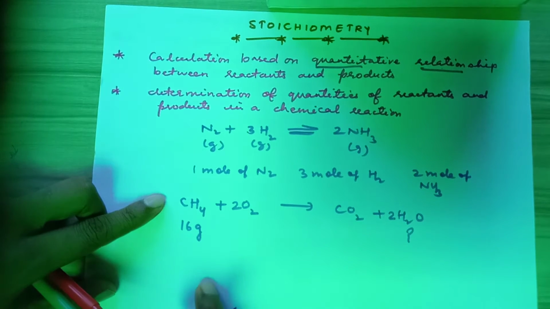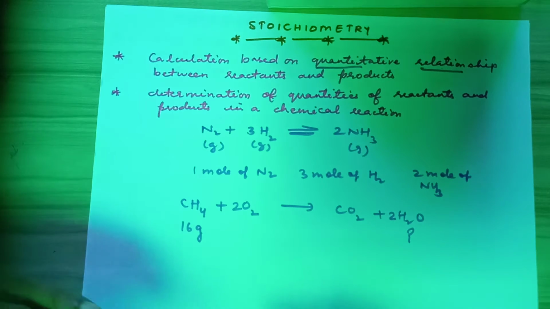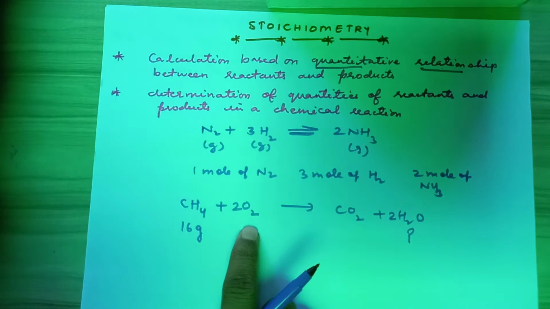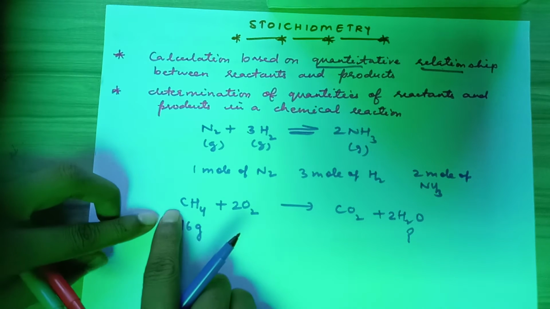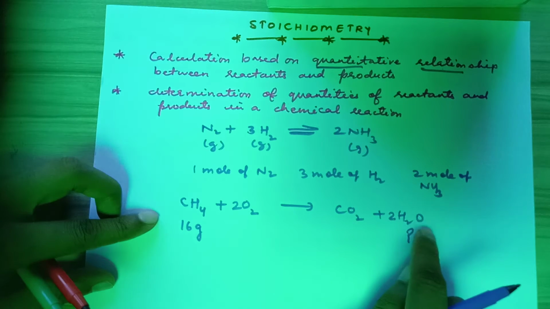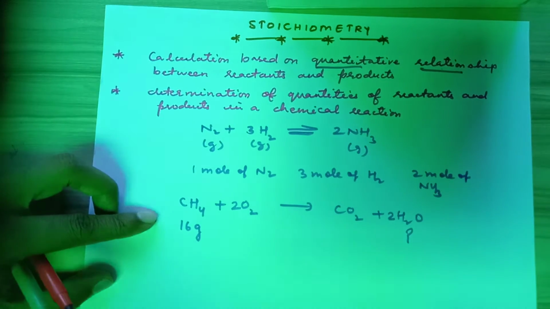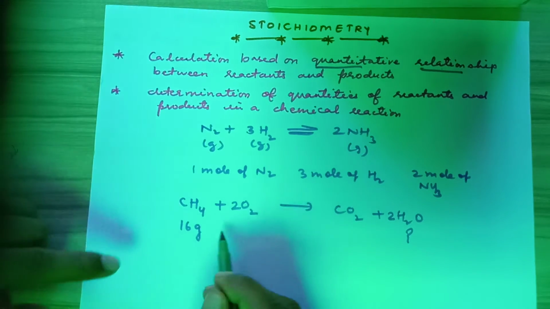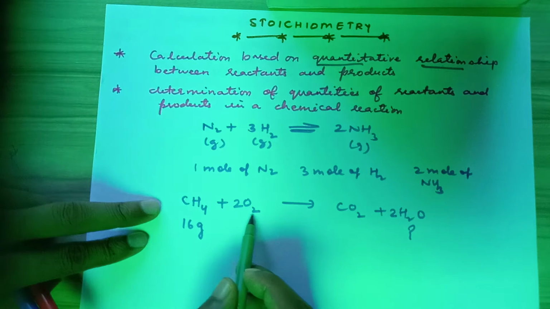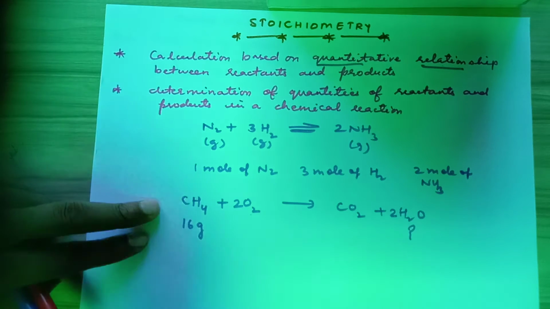Now 16 gram is given. So generally we have to interpret the information from the given equation. So we can say that 1 mole of CH4 reacts with 2 mole of O2 to give 1 mole of CO2 and 2 mole of H2O.